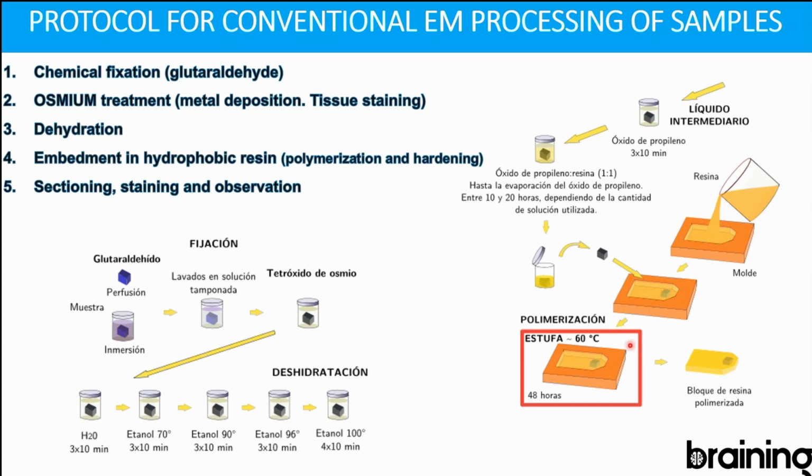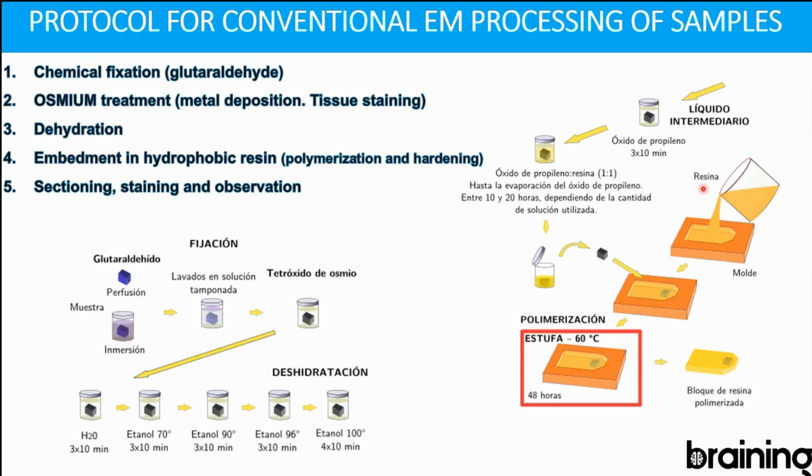After this, we go to the embedment, which is also called infiltration. And then you need one other solution, which is called propylene oxide. This is very necessary because, as I'm going to show you now, this resin is a kind of honey-like structure.